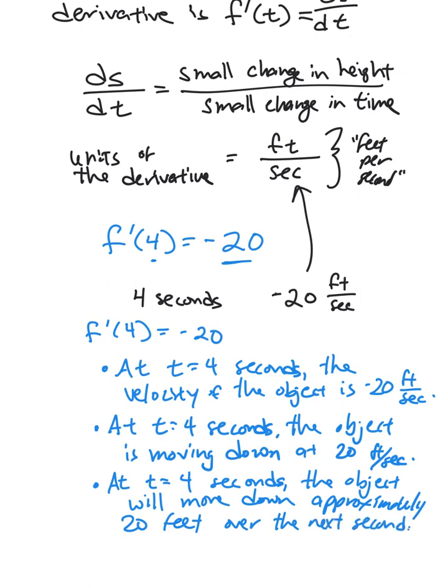I'm saying approximately because I'm not sure I can be exact, but I'm saying in the next 1 second, because this is talking about negative 20 feet per second, which could be thought of as going negative 20 feet, or down 20 feet, in 1 second. So that's that third interpretation.